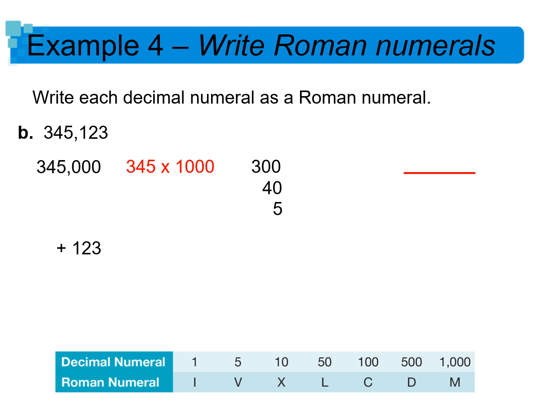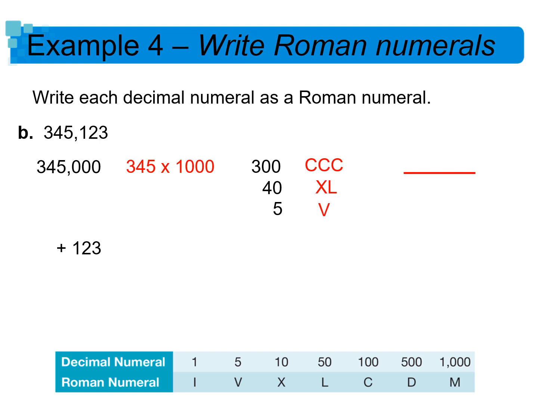So I'm going to do 340 and then 5. So 300 is not so bad. 300 is just 3 C's. Then 40, if you think about 40, we're just going to take 10 away from 50. So that's XL. And then 5 is just V.